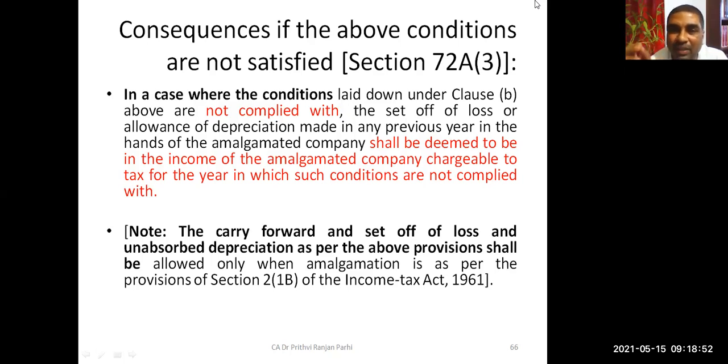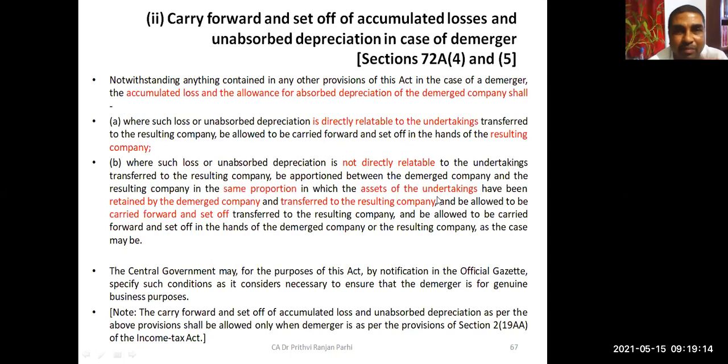If in a particular year conditions are not complied with, then the loss will again be taxable. Okay, so this point you have to keep in mind.